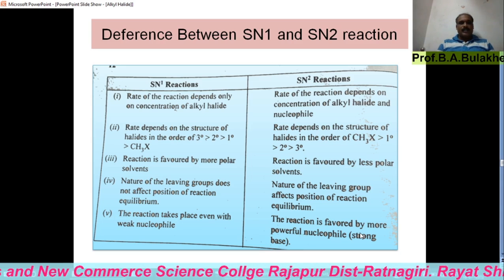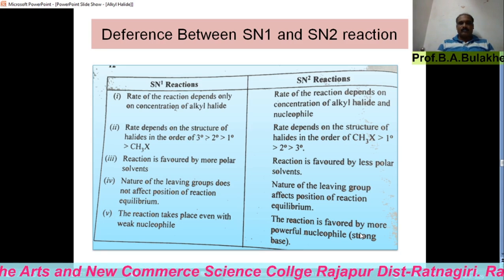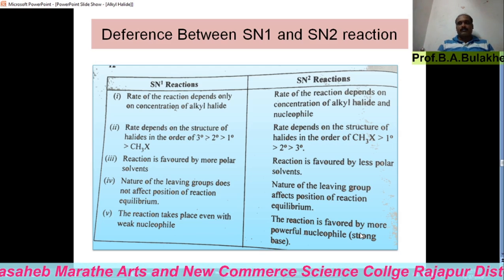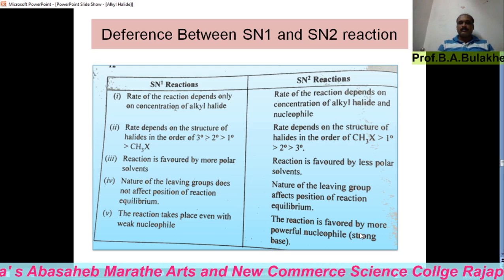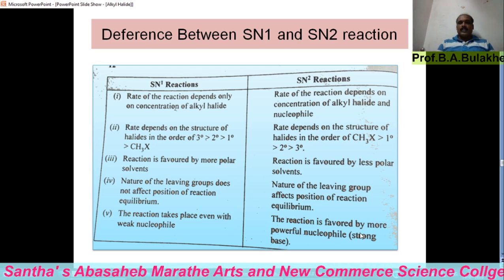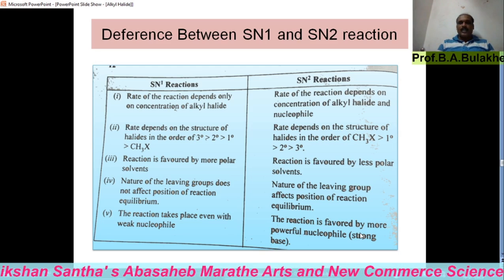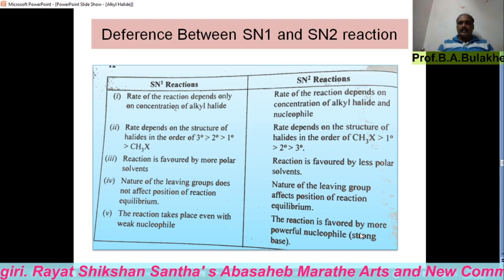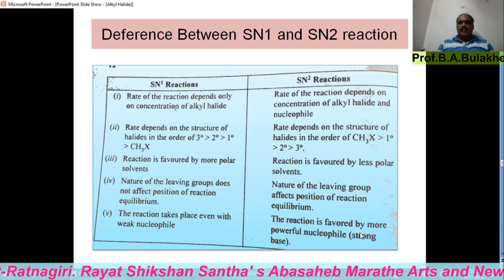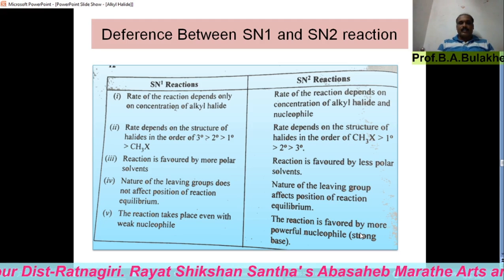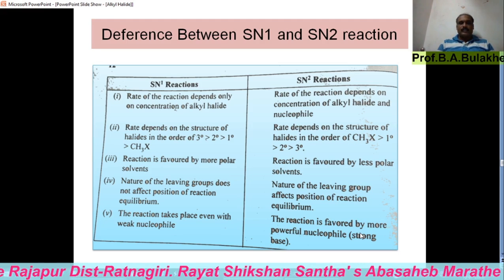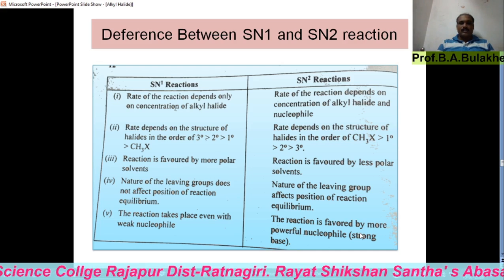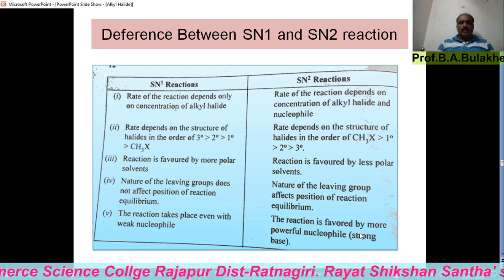In SN1 reaction, the rate of the reaction depends on the concentration of alkyl halide. But in SN2 reaction, the rate depends on the concentration of alkyl halide as well as the nucleophile. Second point, in SN1 reaction, the rate depends on the structure of halides.